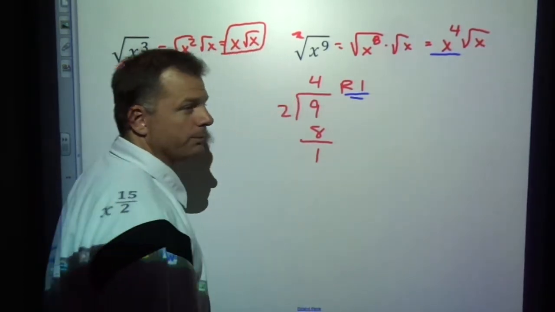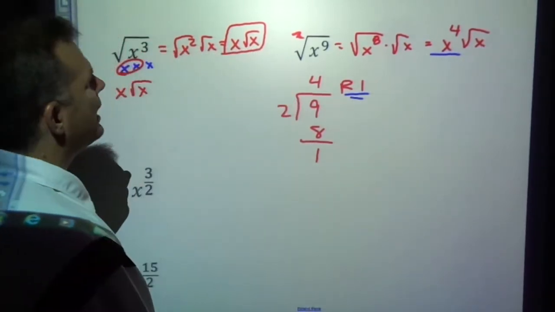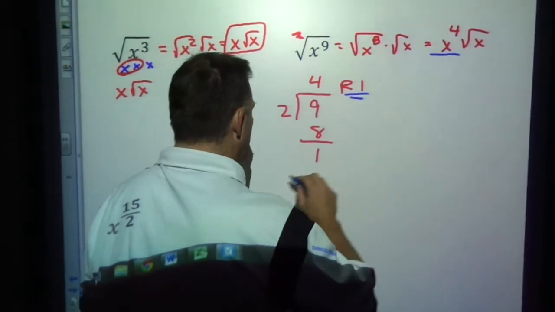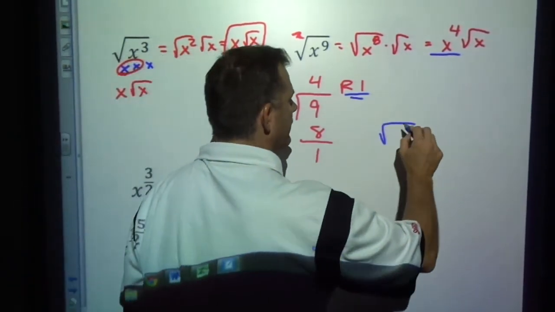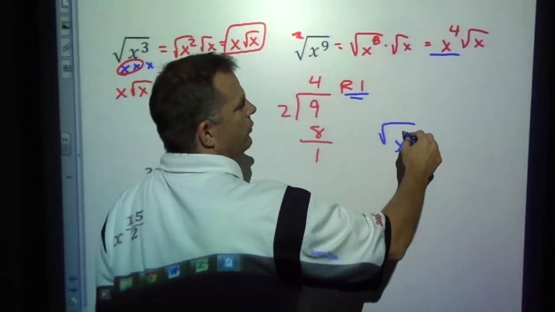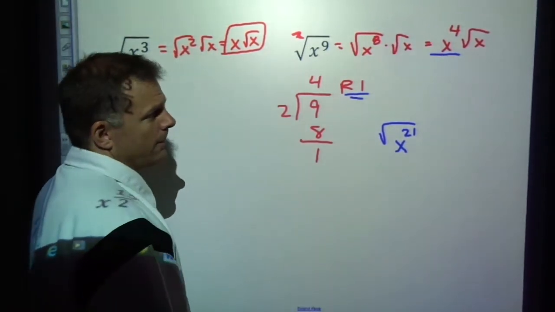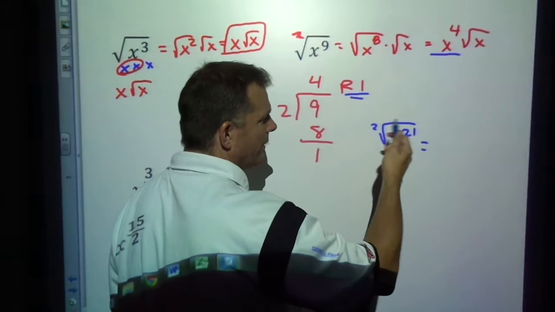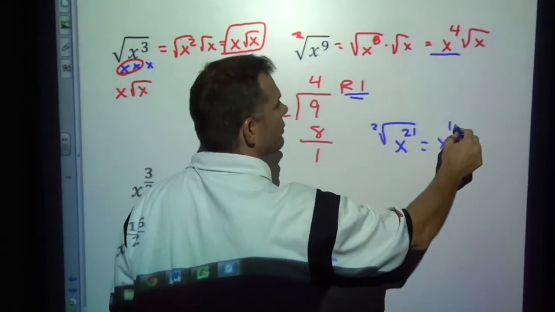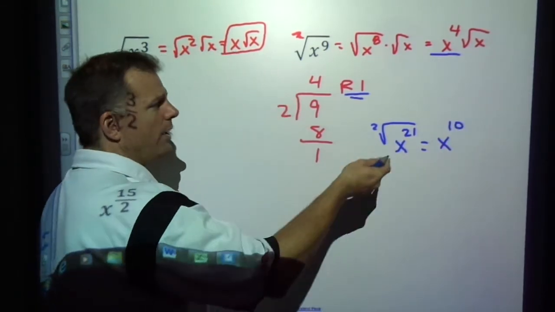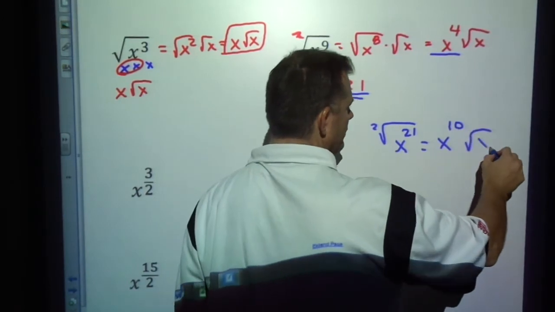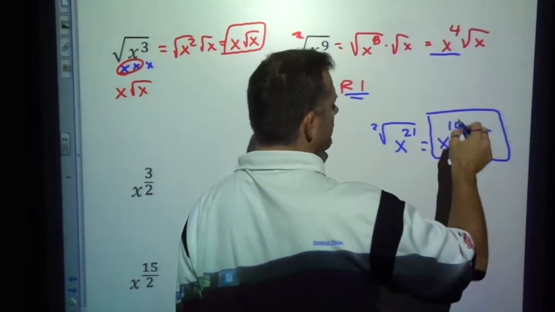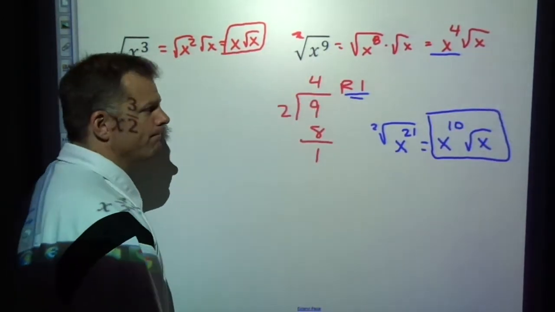He's under the radical. So what if we had square root of x to the 21st? Well, 2 goes into 21 10 whole times, so I know there's going to be 10 pairs of squares with 1 extra little guy. Sorry, friend. You can't be with the plain numbers.